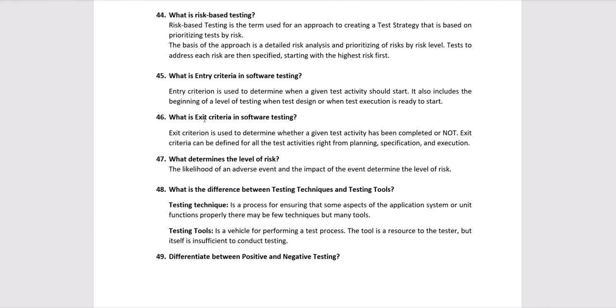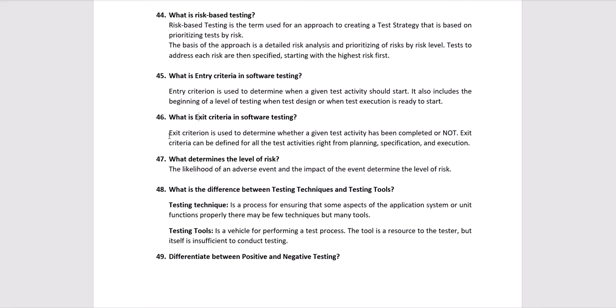So, what is exit criteria in software testing? Another question. This is also very important. The interviewer might ask, what are entry and exit criteria in software testing? Can you explain it? So you need to know the definition of entry criteria and when we use it, and the definition of exit criteria. These are very simple and basic criteria which we use in software testing.